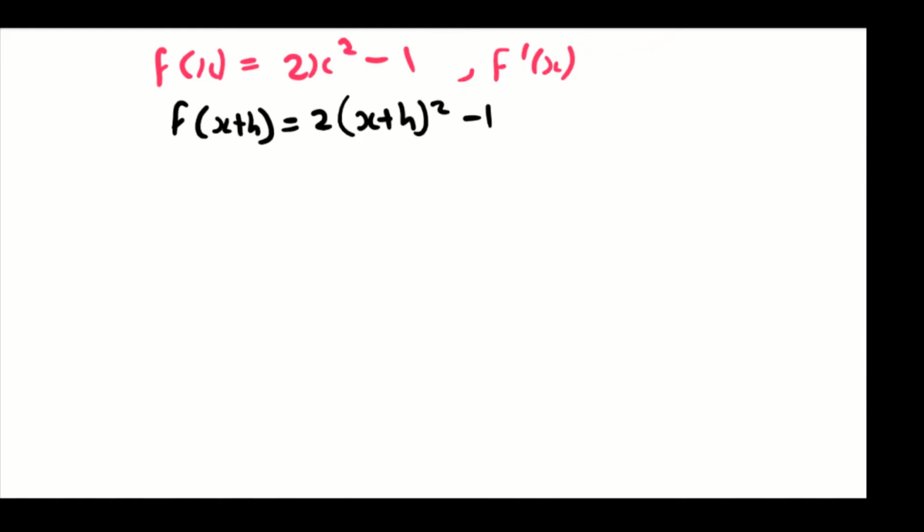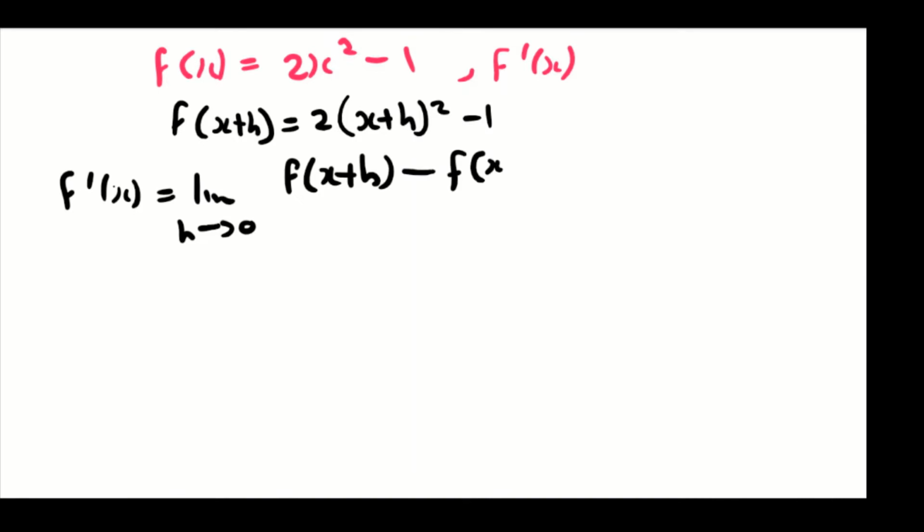So that is that. And then f prime of x is equal to the limit when h approaches 0 of f of x plus h minus f of x divided by h, right?